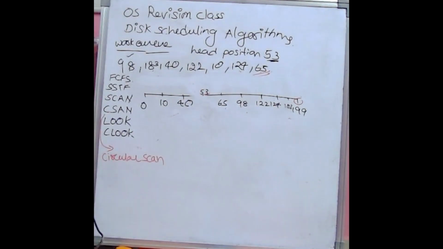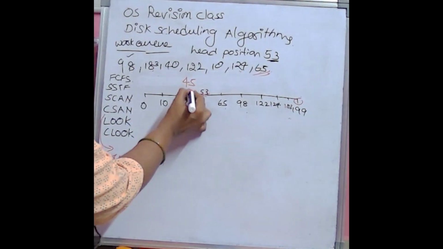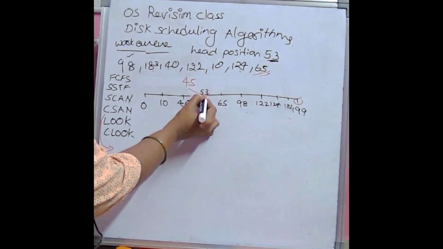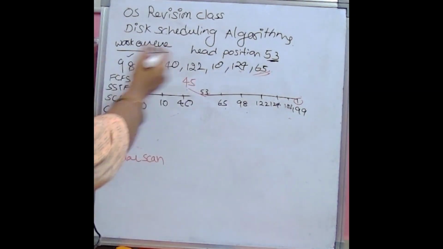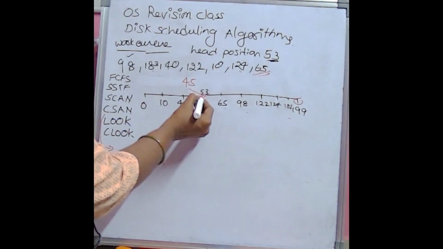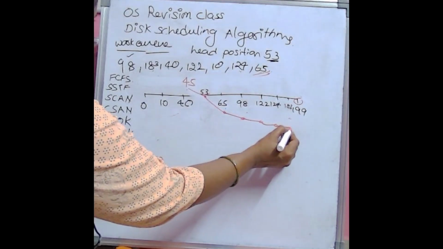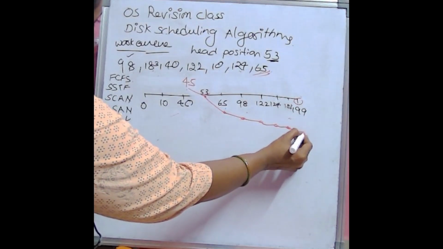According to C-SCAN, circular scan, it will consider the movement in the manner of a circle. Now the previous request is 45 and it is now at 53. We need to serve all the requests in the work queue: 53, 65, 98, 122, 124, 183 and 199.